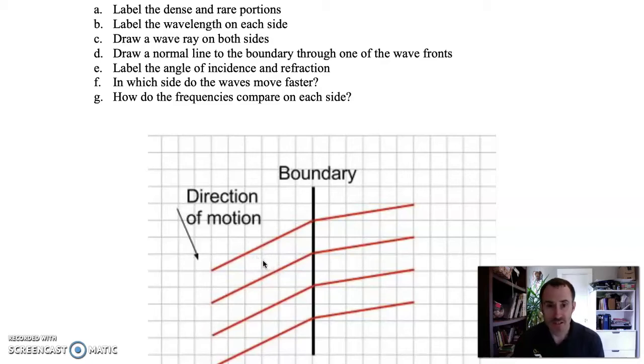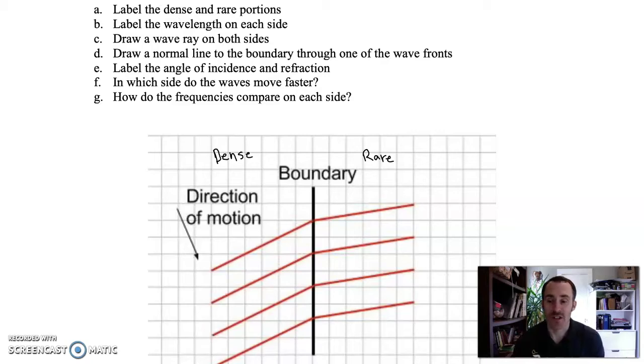This side, the left side, looks smaller to me, and so I'm going to say that must be the dense side, because the wavelength is smaller on the dense side. And that means this is the rare side. Okay, that's not the first thing that you had to do in order to figure everything else out, but it's a good place to start.